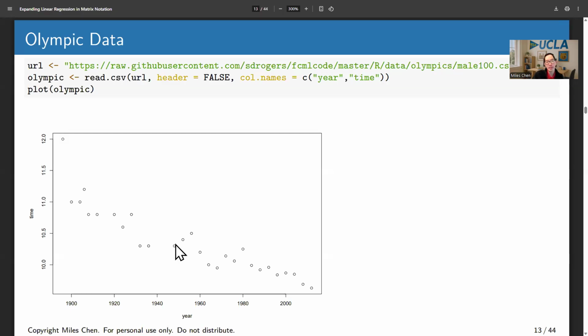And what we see is that between 1896, when the first modern Olympics were held, and up through 2012, which is when the data set ends, overall the winning time has gotten faster and faster as the years have gone by. And so we will try to fit a model to this.